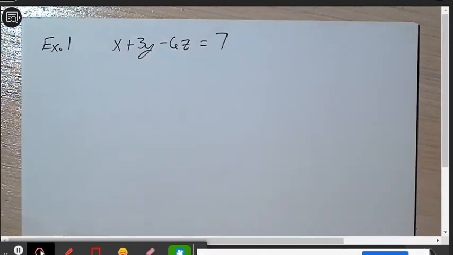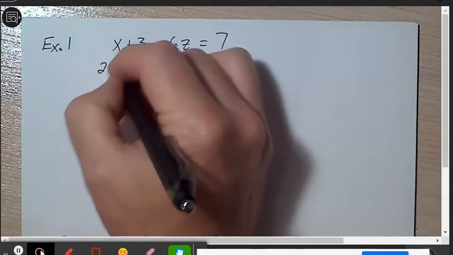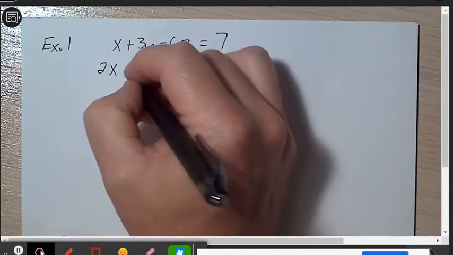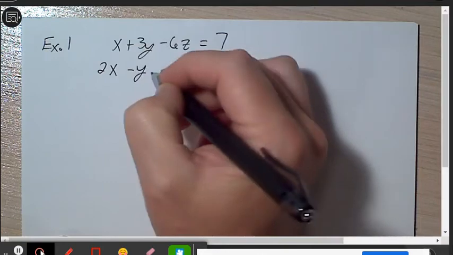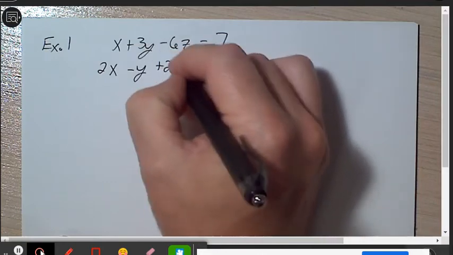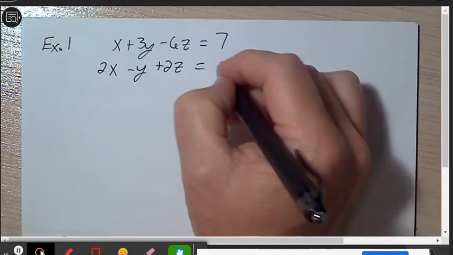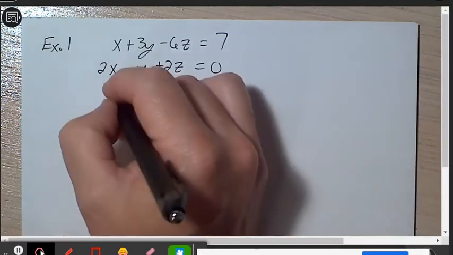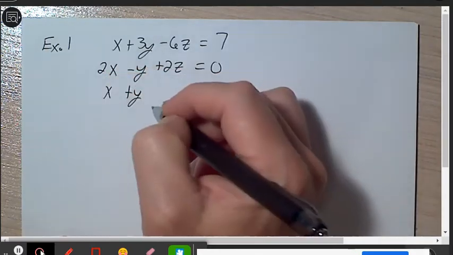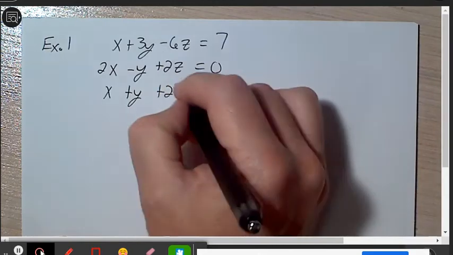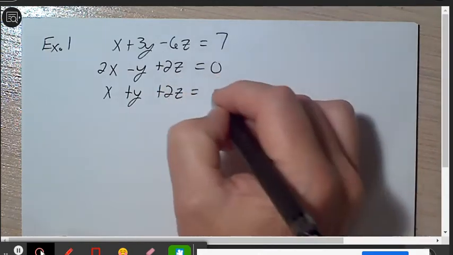Okay, so we'll start with x plus 3y minus 6z is equal to 7. Make sure I don't miss any signs when I write these down. We've got 2x minus y plus 2z equal to 0. And then x plus y plus 2z equals -1.